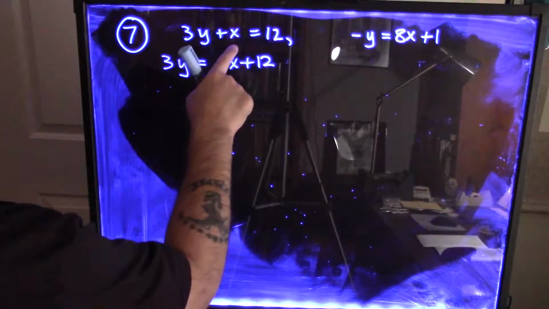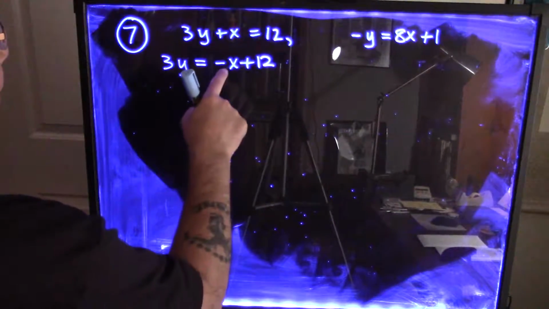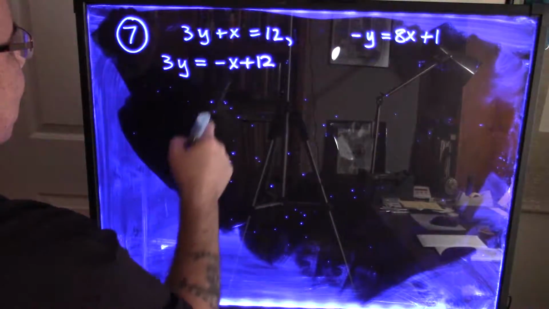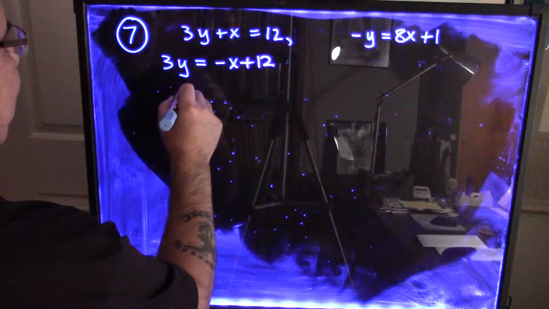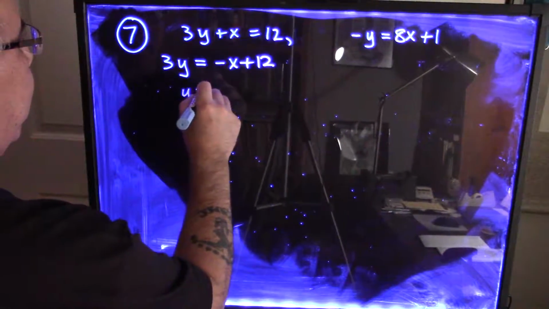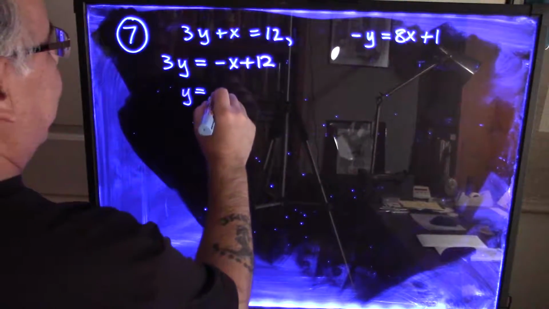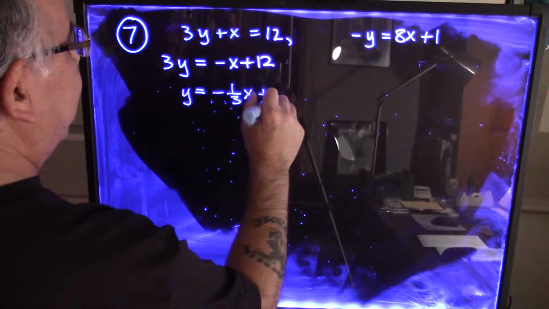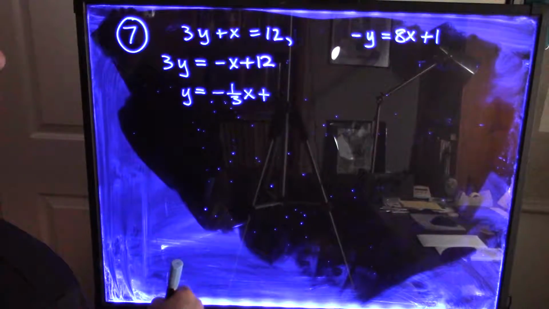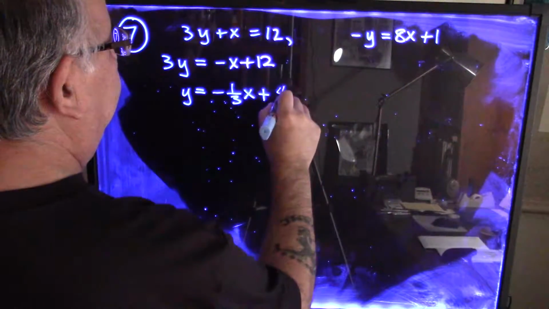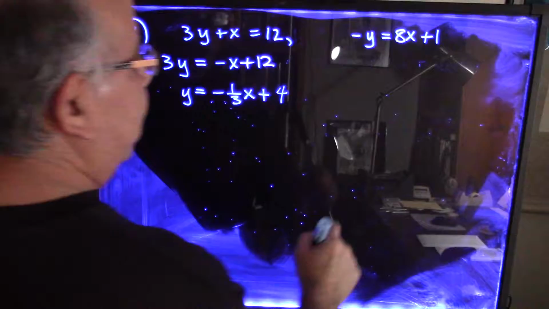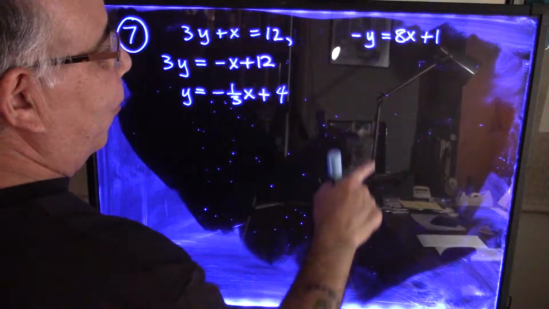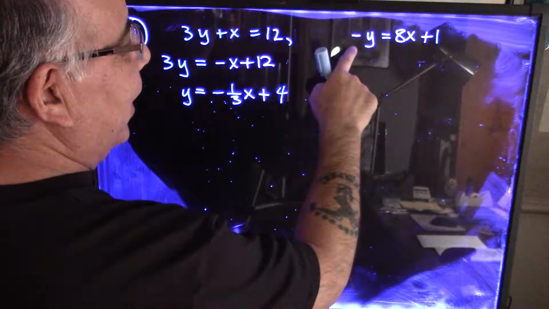Transpose the x to the other side, making it negative x, and then divide both sides by 3, or multiply both sides by 1/3, however you want to think of that. So 1/3 times negative x is negative 1/3 x, plus 1/3 times 12, or 3 into 12, is 4. For this one, it's almost in slope-intercept form, except slope-intercept form is y equals, not negative y equals.